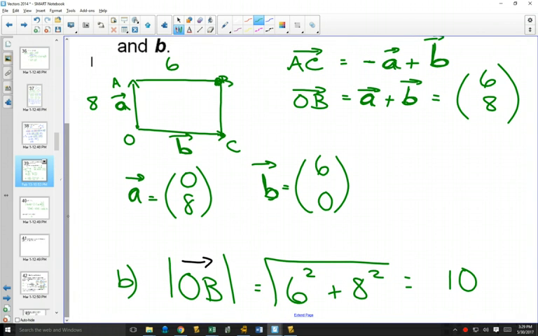And then part B, what's the length of OB? Well, that's just a nice A squared plus B squared equals C squared question.